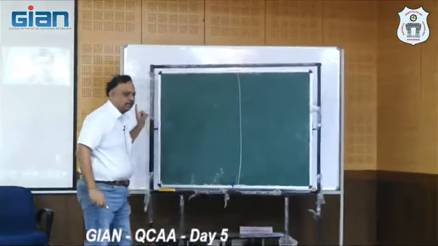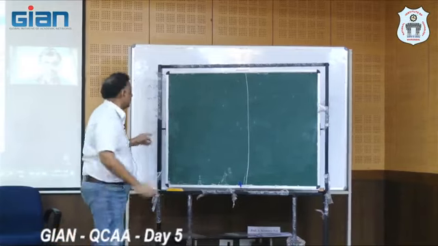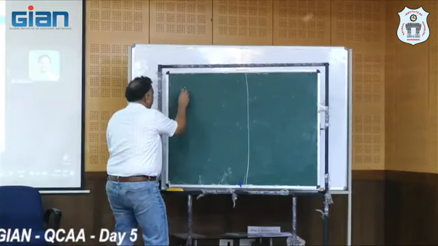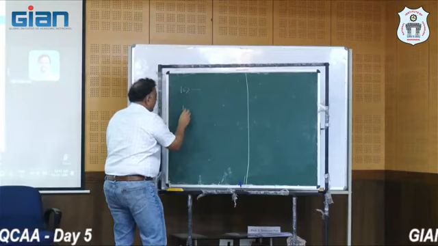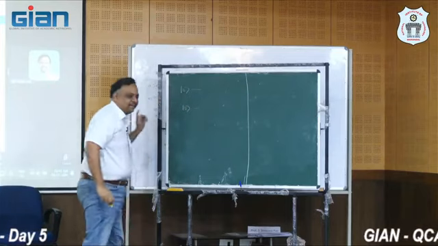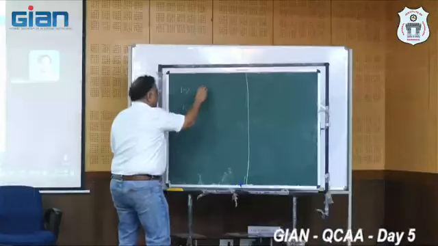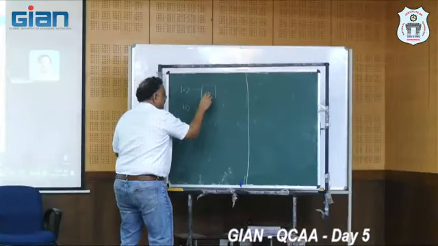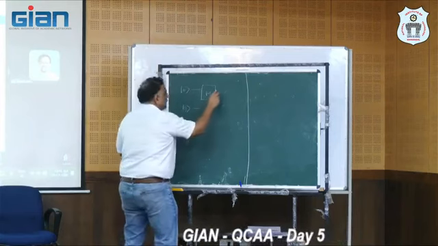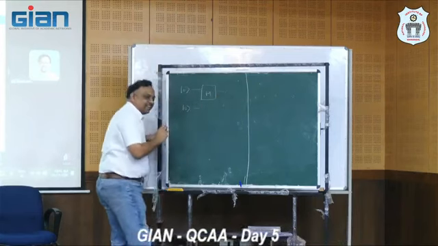Okay, you see the circuit he is drawing is like this. Ket 0, ket 0. The circuit is always starting in ket 0. Then Hadamard. What happens here?